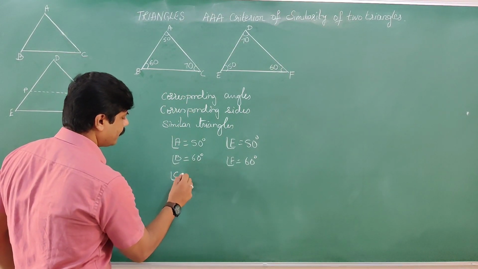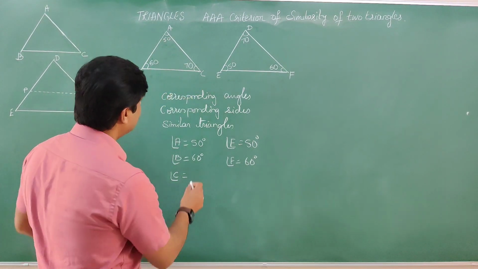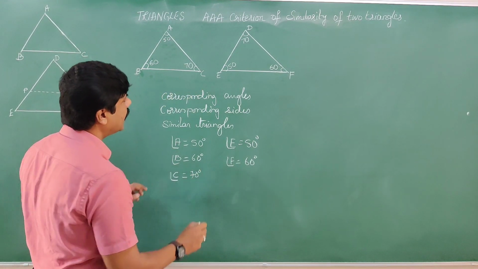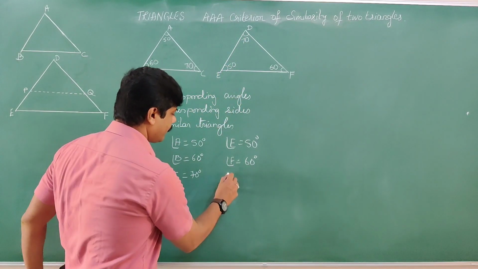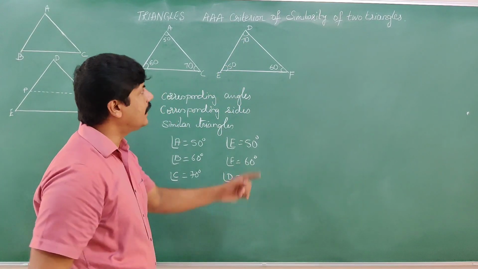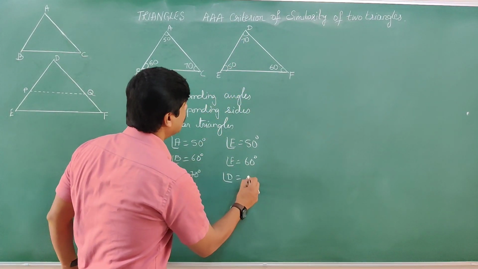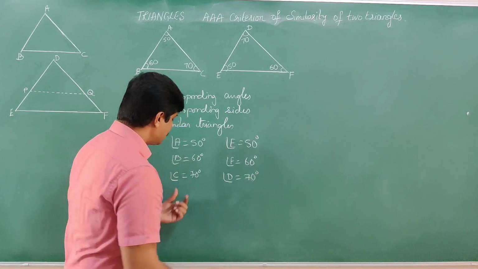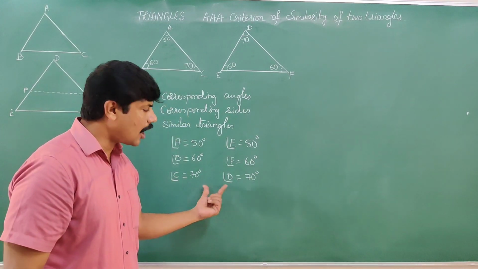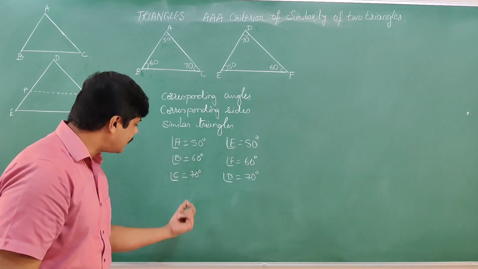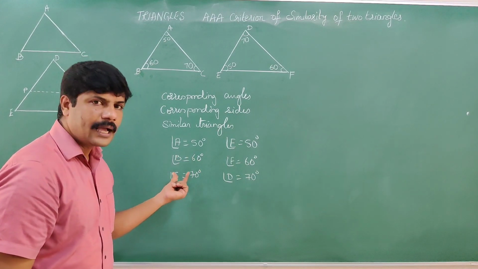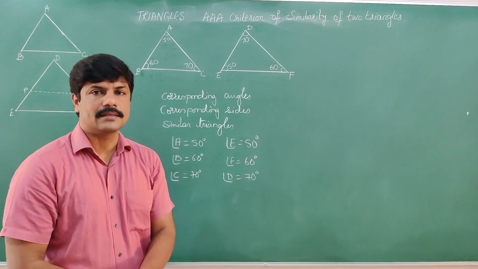Angle C. Angle C of ABC is 70 degrees, and angle D of the DEF triangle is 70 degrees. So angle C and angle D are equal, and thus they are corresponding angles.